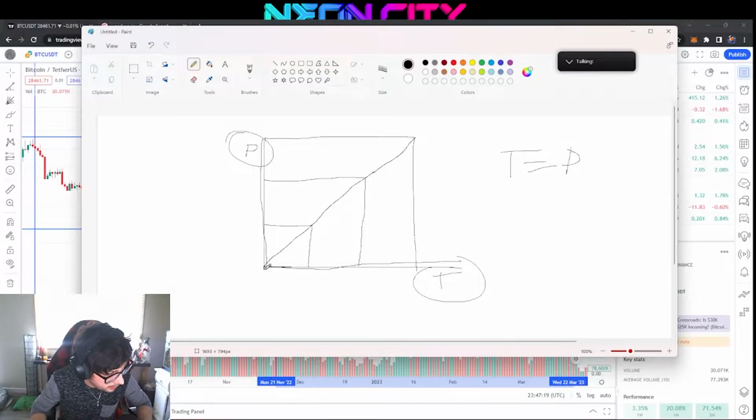Your 1 unit of price is equal to 1 unit of time, and the intersection point is a 45-degree angle. Another 1 point of price to another 1 point of time is exactly the intersection of price and time at 45 degrees.